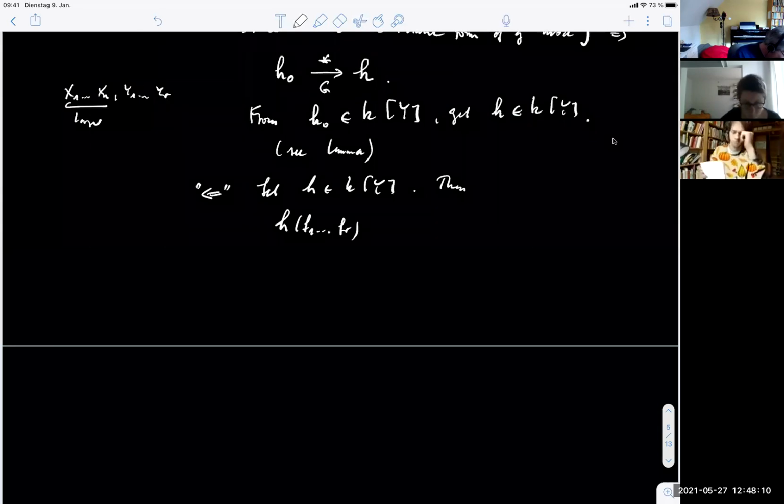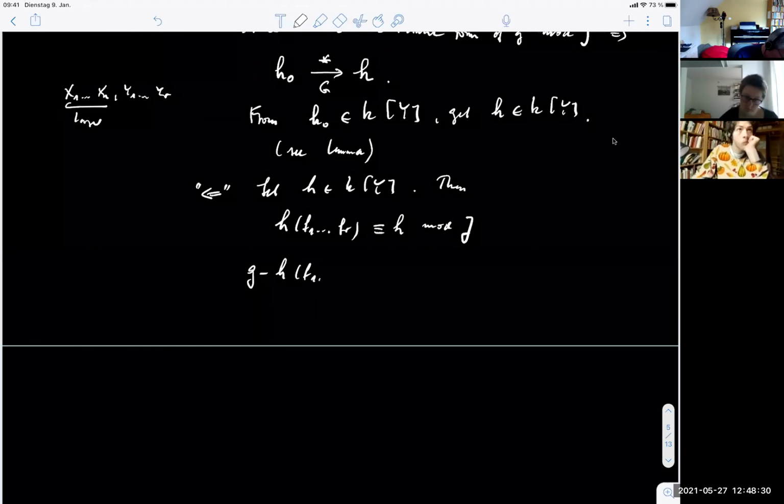And I get something that is congruent to H modulo my ideal J. Okay, it's the same trick as before. Okay, now if I look at this difference, G minus H, this is then congruent to G minus H, and G minus H is congruent to 0 modulo the ideal.